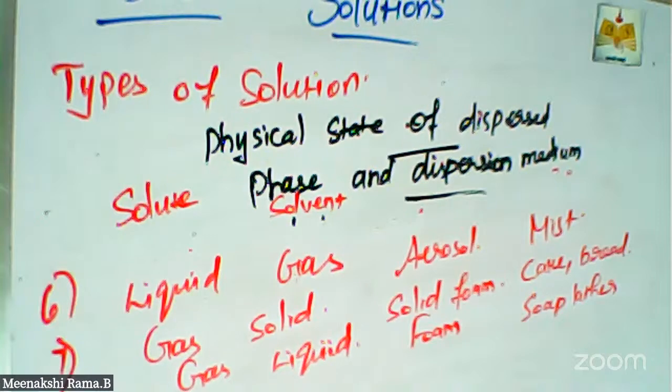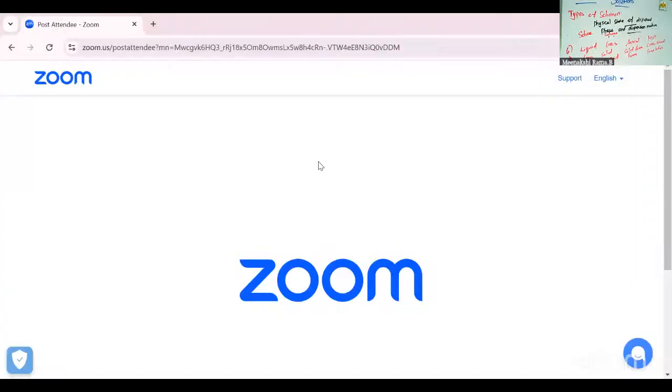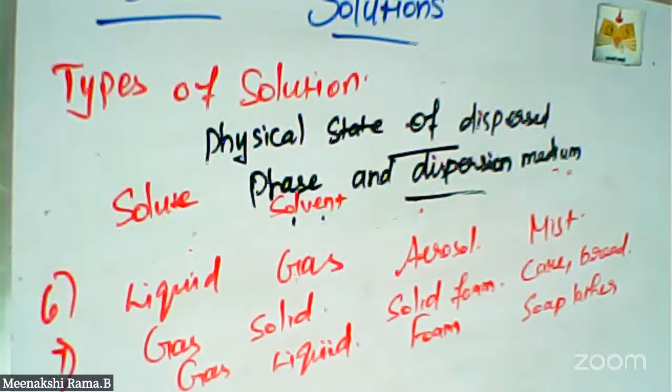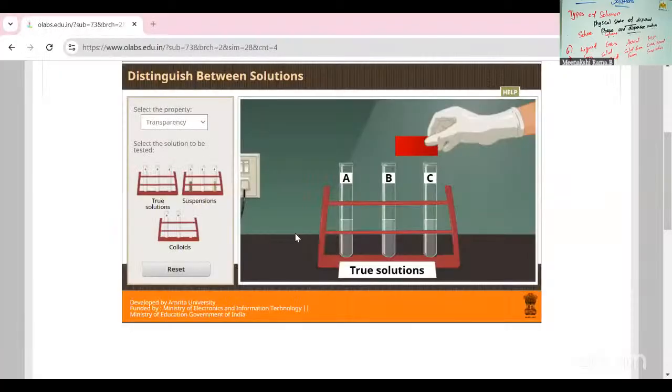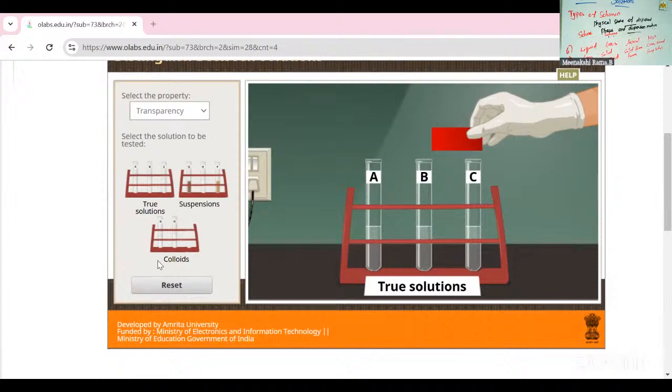With the help of this simulation, we learned the clear details. What are the solutions? We studied that there are 3 kinds of solution: true solution, suspension, and colloids. These are 3 categories of solution based on the solute particle size.